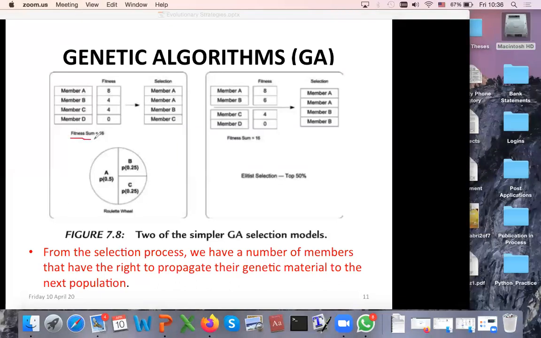So we have the sum of these values as 16. And now we can take these members individually, and then we can divide the value of each individual by this sum. So 8 divided by 16, what would be the answer? It would be 0.5 or 1/2. So here you are seeing that value, 0.5.